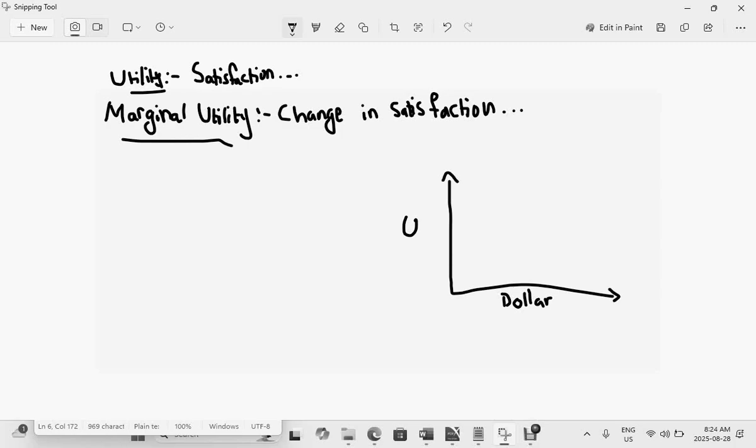Now we know that as a person consumes more of a product, for each additional unit that he consumes, the utility goes down, the satisfaction goes down. So initially the curve may look something like this, with more of a slope.